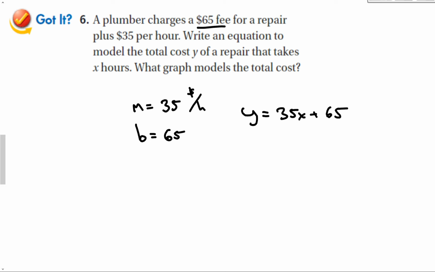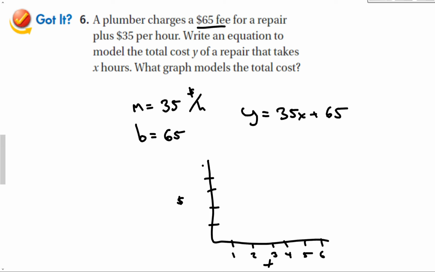Okay? And then when you make a graph like this, you obviously want to make it have a scale that makes sense. Okay, so we have dollars over here. We have time down here because that is my independent variable. So we're going to make hours 1, 2, 3, 4, 5, 6. And dollars, right?